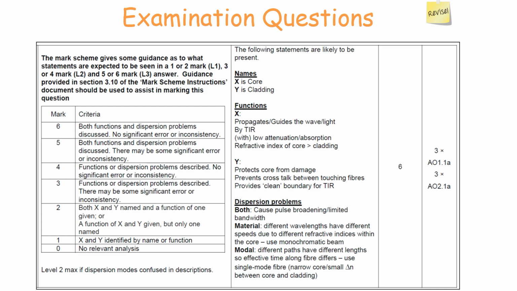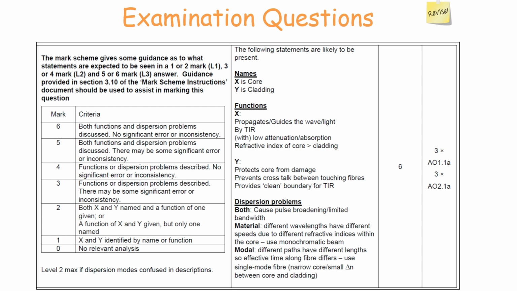Now the properties you would need to know about for the core is it carries out low attenuation and low absorption, because I don't want it to take in any of the information from the light wave, and we need the refractive index of the core to be greater than the cladding, because for total internal reflection to occur, which is how the light will travel through the core, the actual core needs to have a refractive index greater than that of the material that surrounds it.